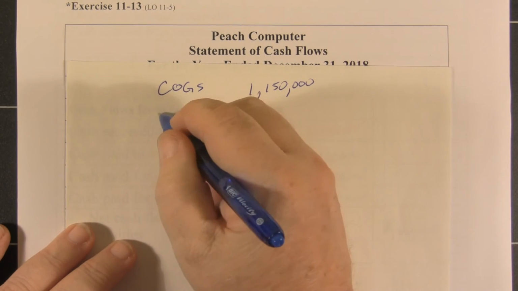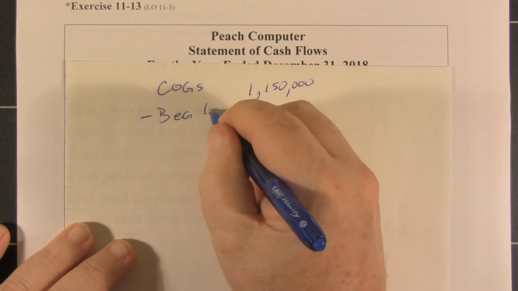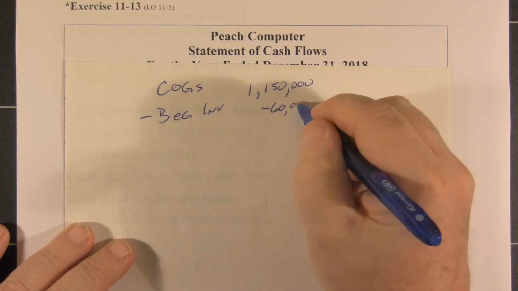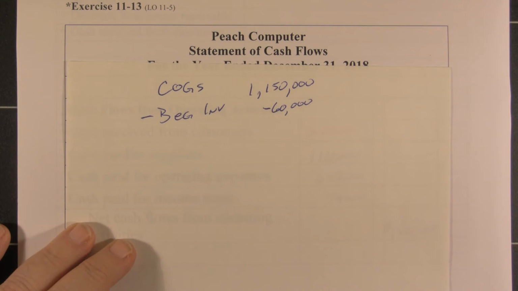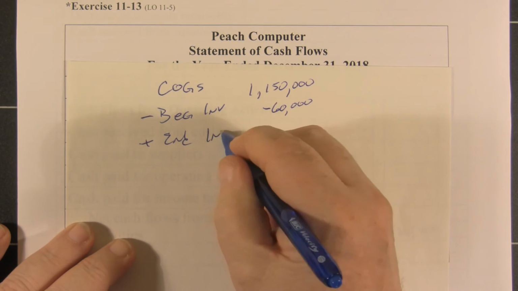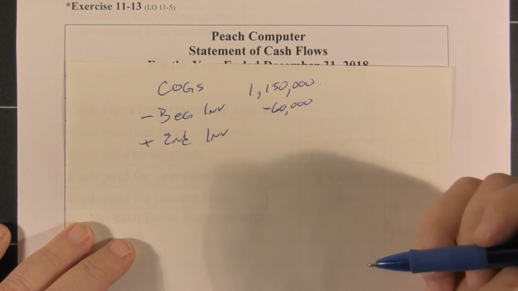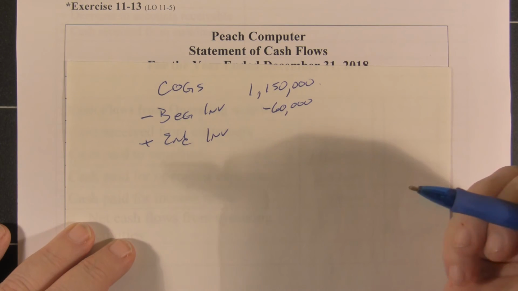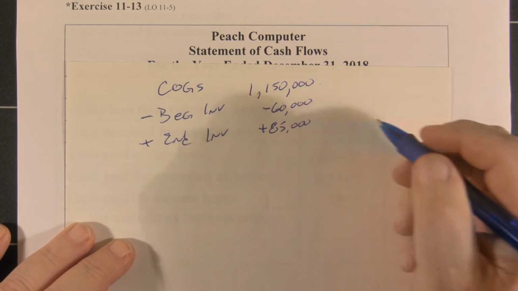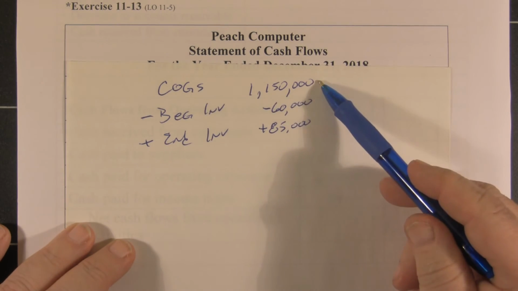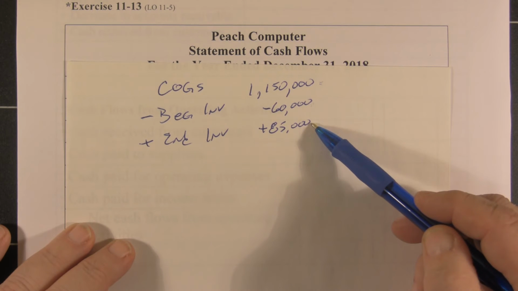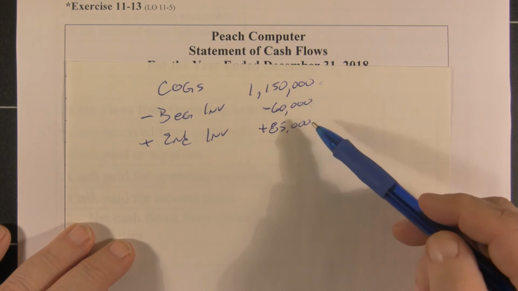So I'm going to subtract my beginning inventory of $60,000 because I paid for that last year. Likewise, I have ending inventory of $85,000 that I paid for this year that'll end up in next year's cost of goods sold. So I'm going to add that. I'm just applying common sense. That will show up on the income statement next year. It's in my ending inventory right now.